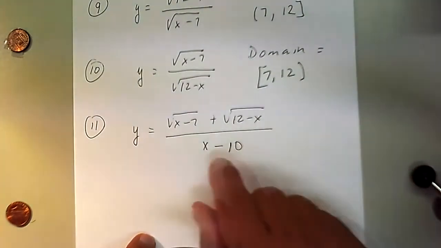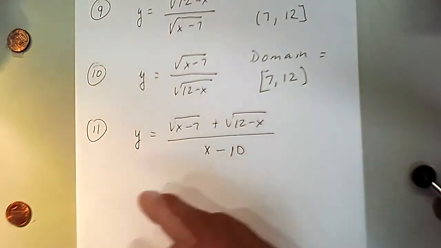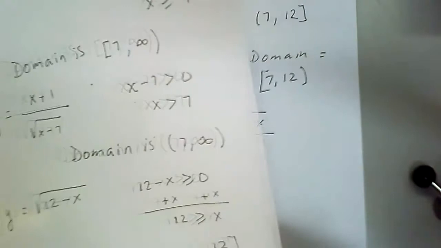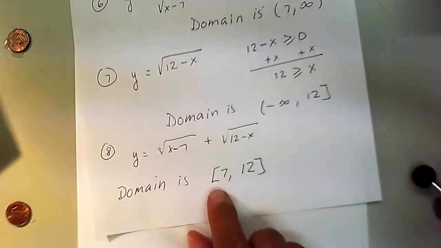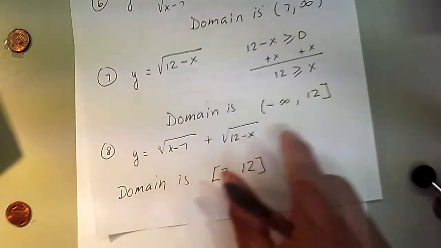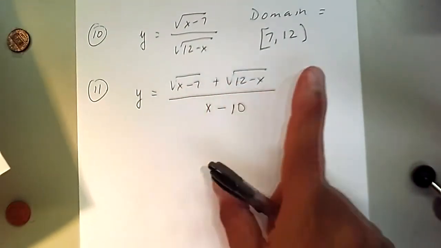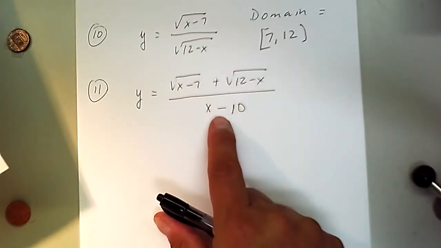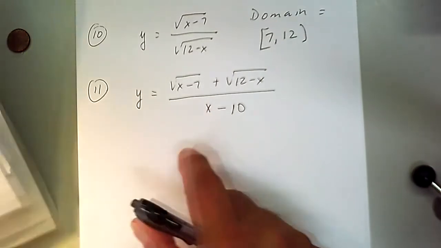The numerator of this fraction looks like example 8. In example 8, we said we go from 7 to 12. And that still holds for this example. We go from 7 to 12. But we have to skip the 10 because we cannot have 10 in the denominator.